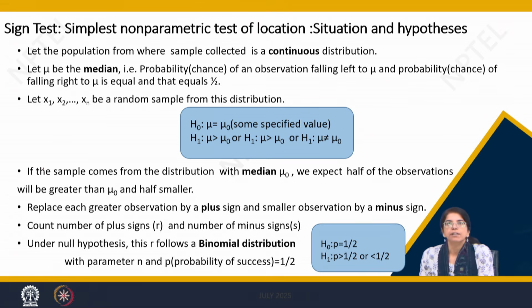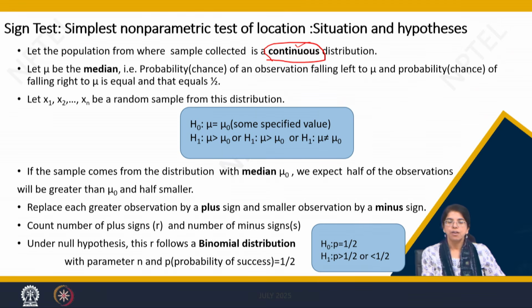Let the population from where the sample is collected be a continuous distribution. My dear students, you have to remember these assumptions. Probably you remember that at the beginning of our course, I told you only one assumption is a must in non-parametric tests of hypothesis, that is, all the observations are coming from a continuous distribution, nothing else.